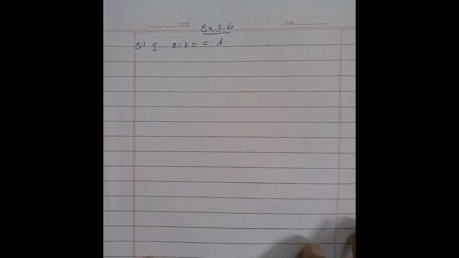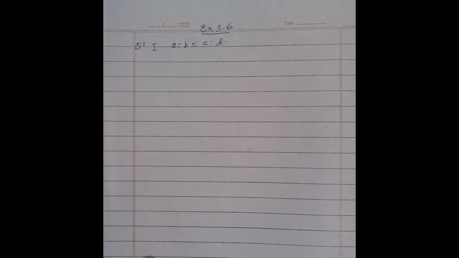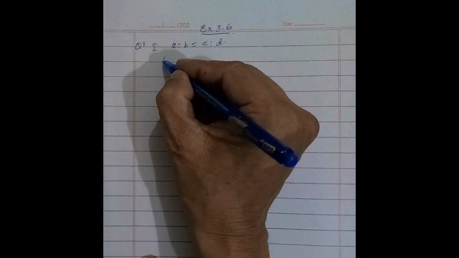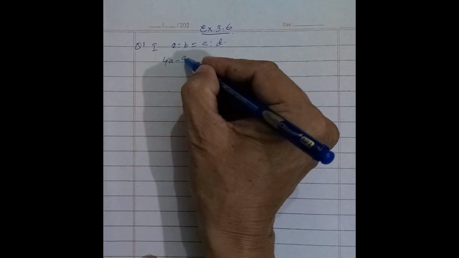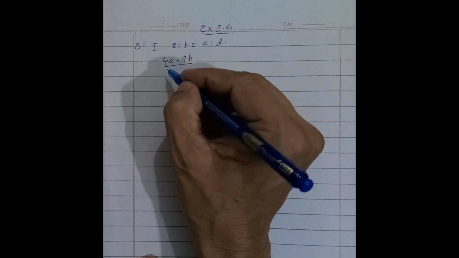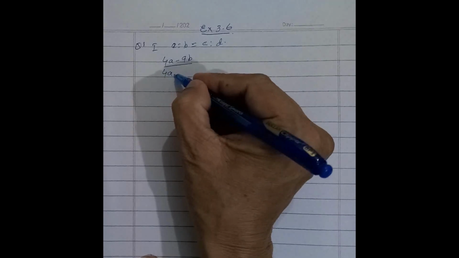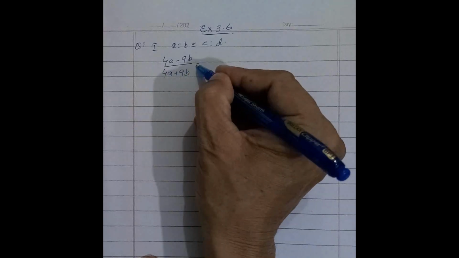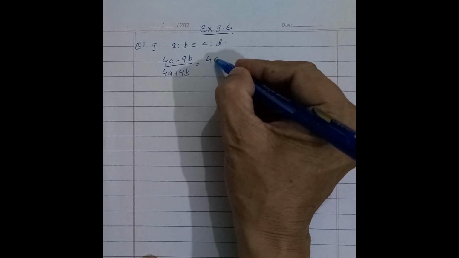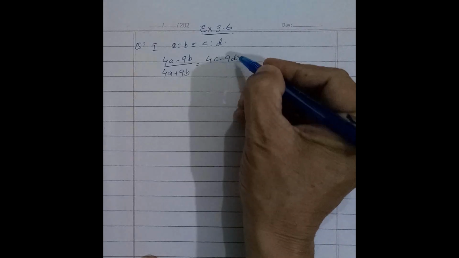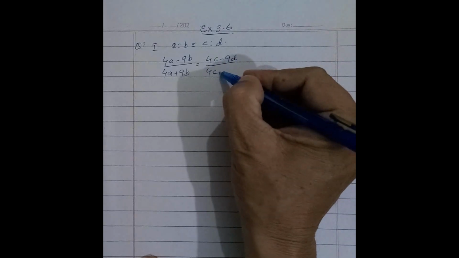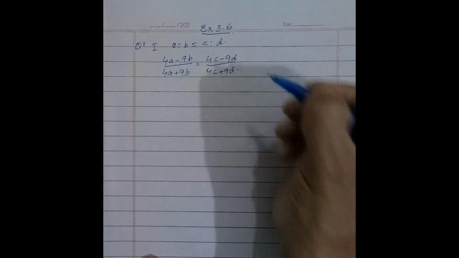and we show that the values 4A minus 9B over 4A plus 9B is equal to 4C minus 9D over 4C plus 9D.